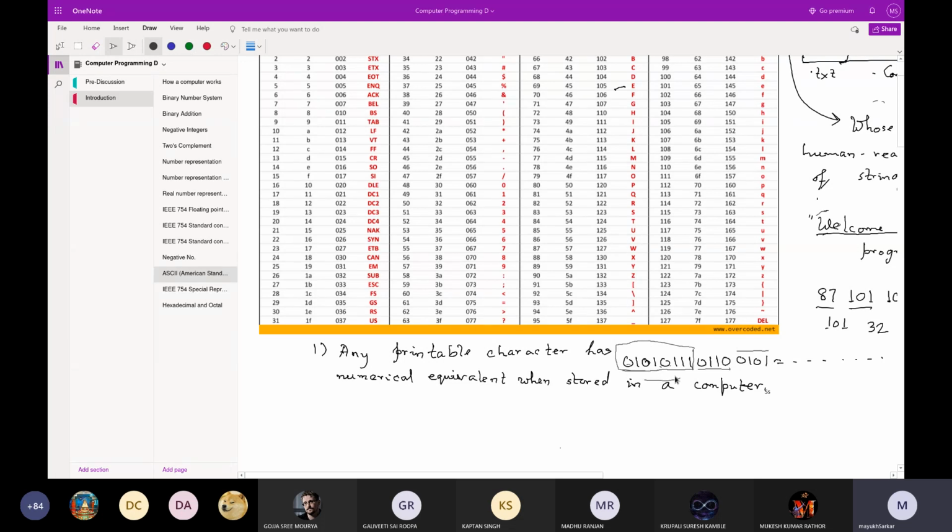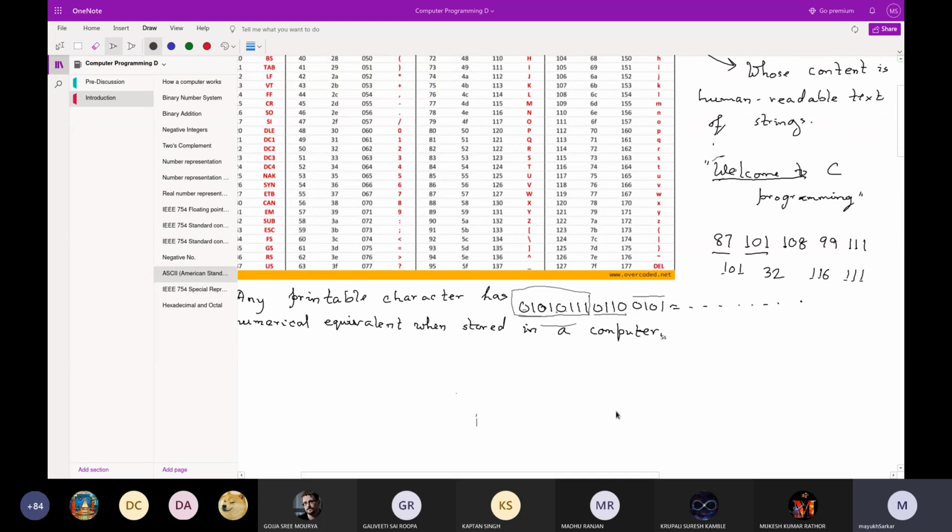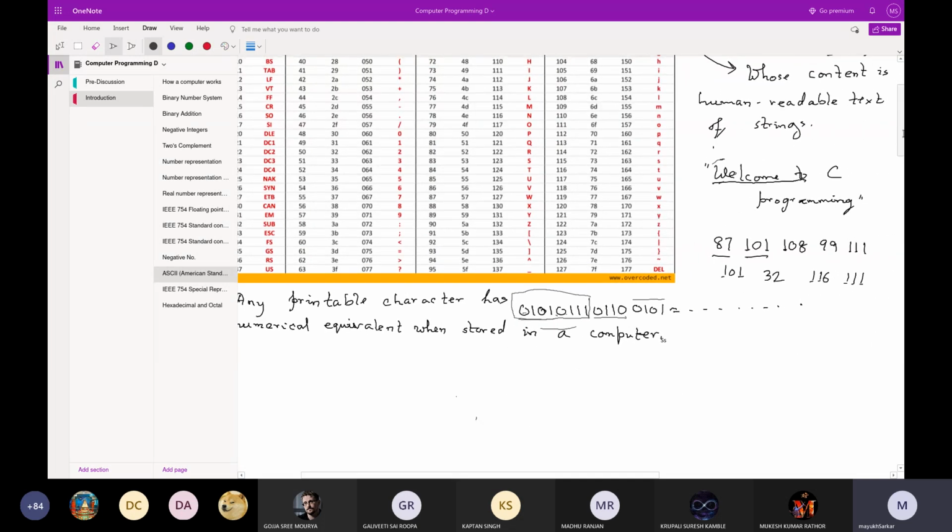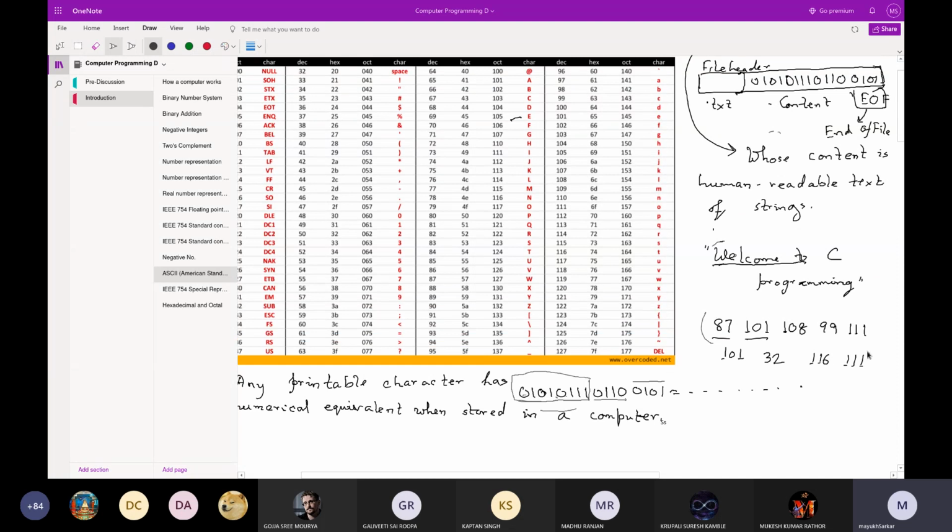I have taken this decimal only for your easiness. Otherwise, this welcome to C programming, everything will be written in a continuous stream of bits. And to know what bits will be stored, look for the corresponding hexadecimal code in the ASCII chart. Okay, sir. Understood.